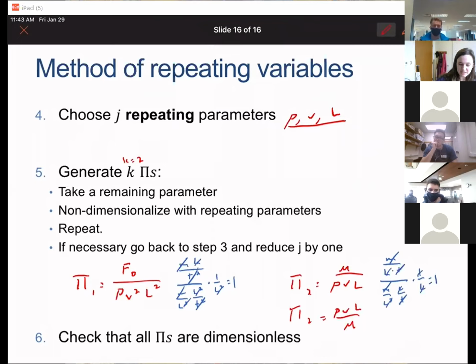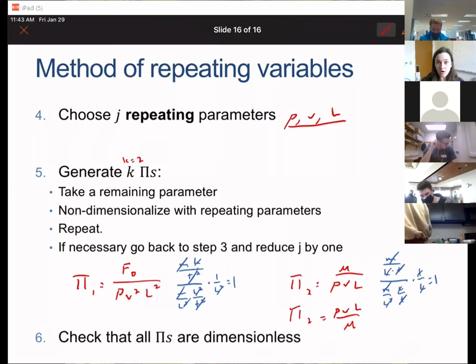Okay. So then we check that all of our pi's are dimensionless, and we check that we have enough of them. How do we know we have enough? Well, we know that all 5 parameters are here, so we've used all of them: the drag force and the viscosity and everything. We know they're all dimensionless, and we know that these 2 are independent.